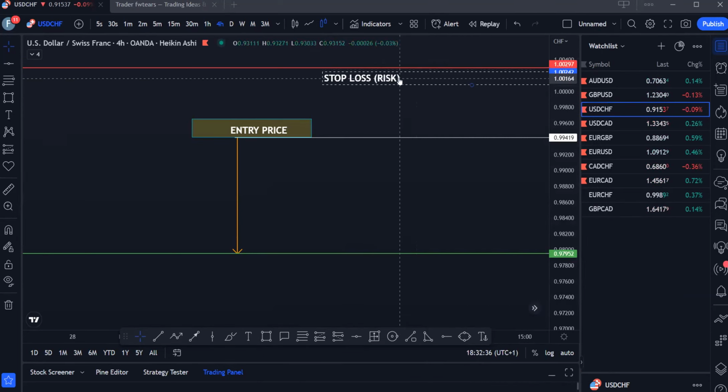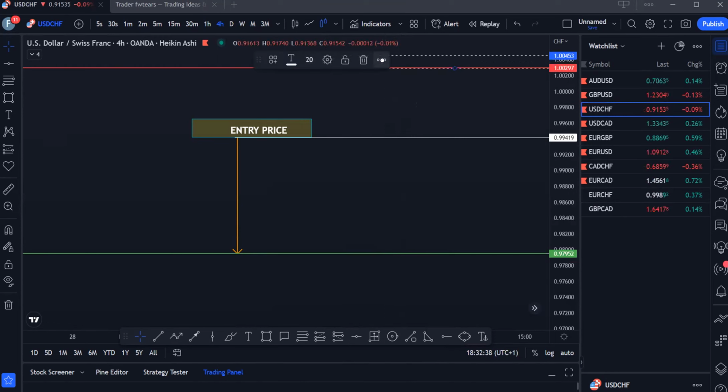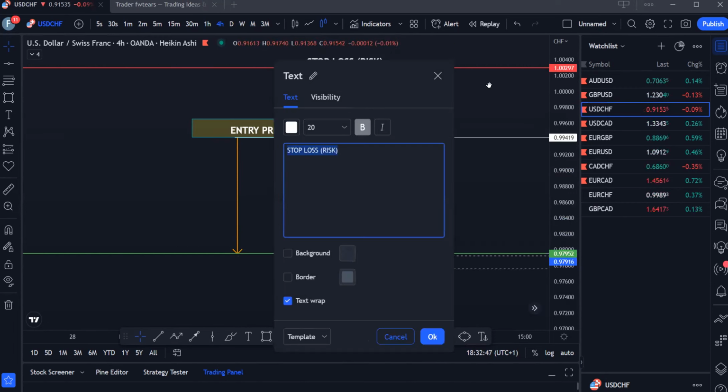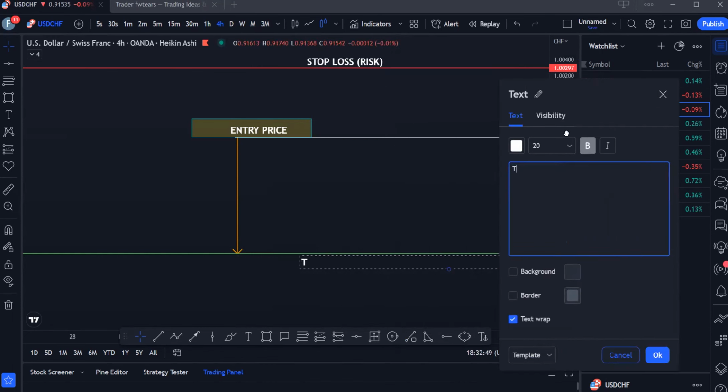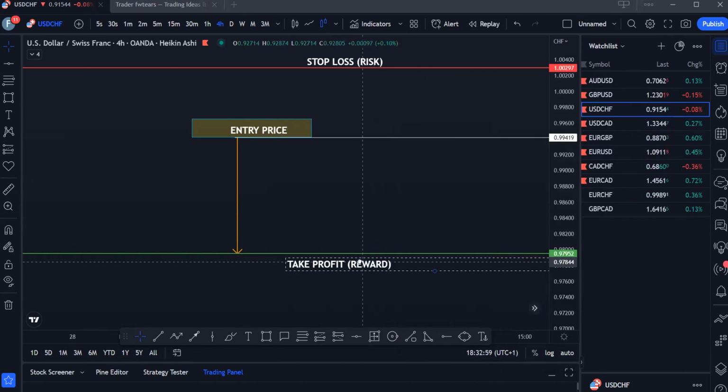And for take profit, consider it as your reward, the maximum reward you're willing to make on that particular trade.